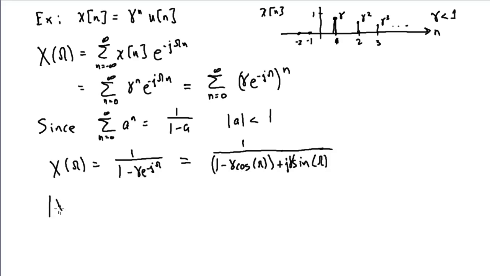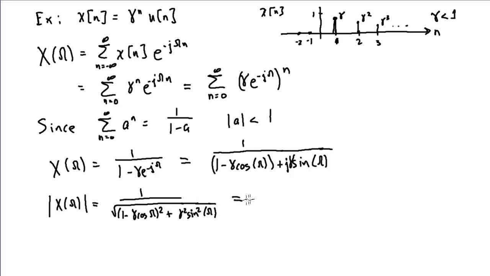I can find the magnitude. It's the square root of the sum of the squares, so that would be the square root of 1 minus gamma cosine of omega squared plus gamma squared sine squared of omega.